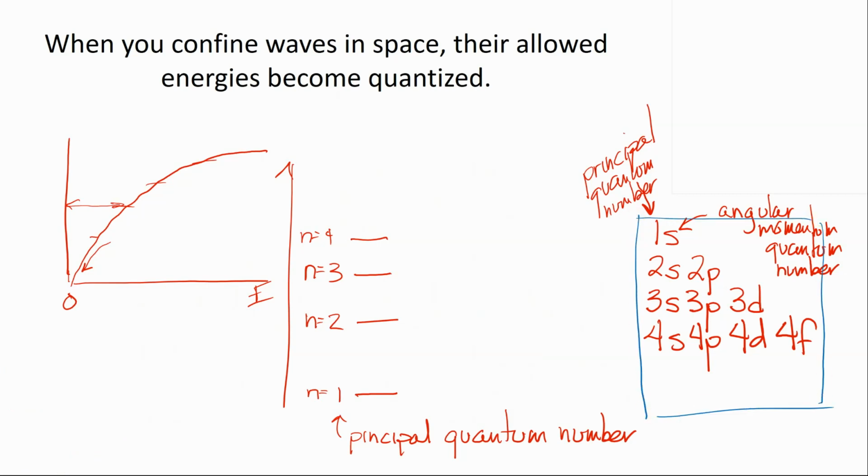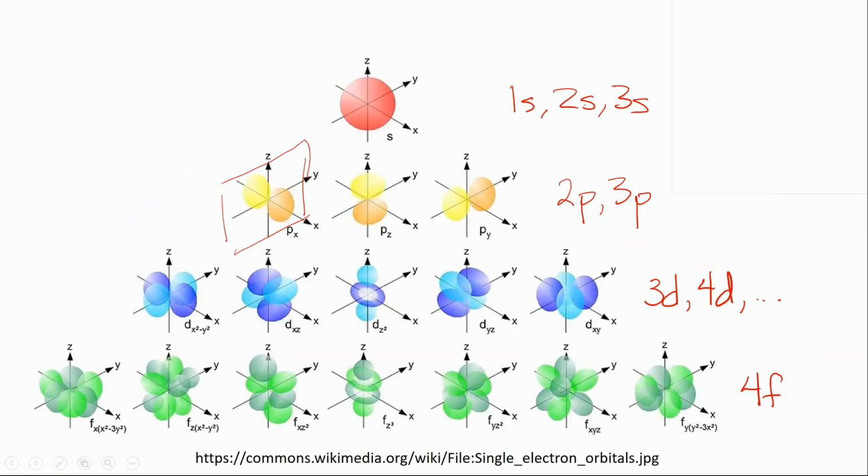So 1s, but to get to p, we go to that second row, etc. When Bohr looked at the hydrogen model of the atom, he described the 1s orbital, and then I'll just put in 2s, 3s, 4s. I'm going to leave a little extra space here, which will make sense in a minute.